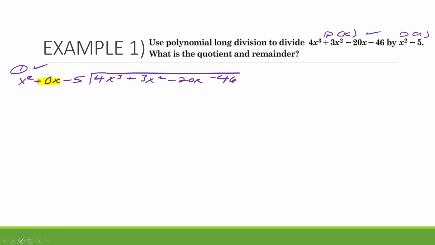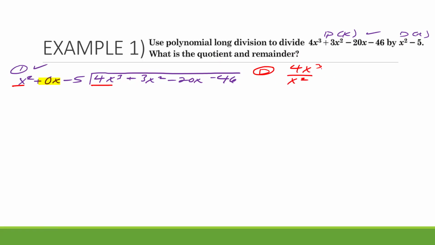So I'm going to change my color. And now we're going to do step 2. Step 2 says that you're going to start with your leading terms, so you're going to divide your leading terms. My leading terms are x squared and 4x cubed. I'm comfortable with dividing in my head. If you're not comfortable with dividing in your head, you should write it down. So I'm going to write divide: 4x cubed divided by x squared.